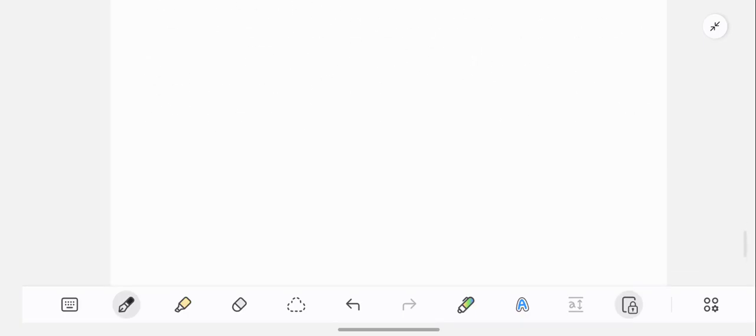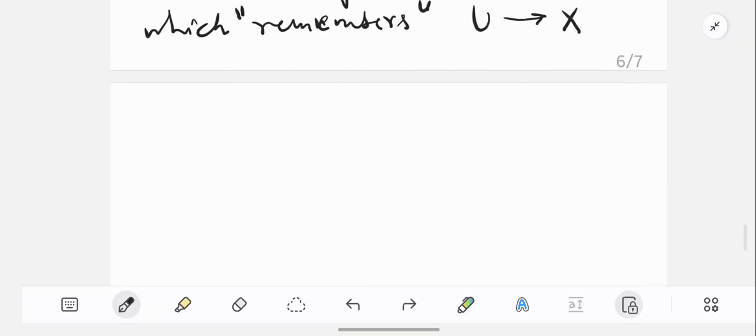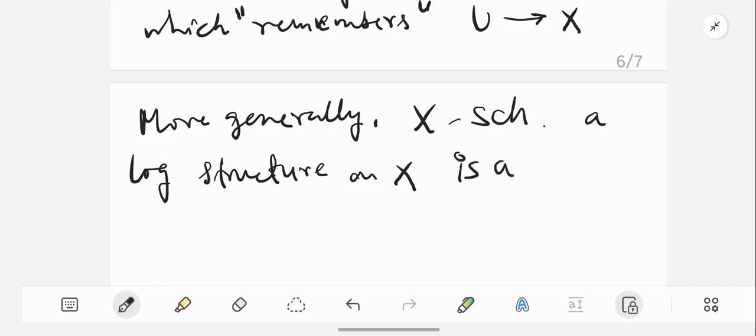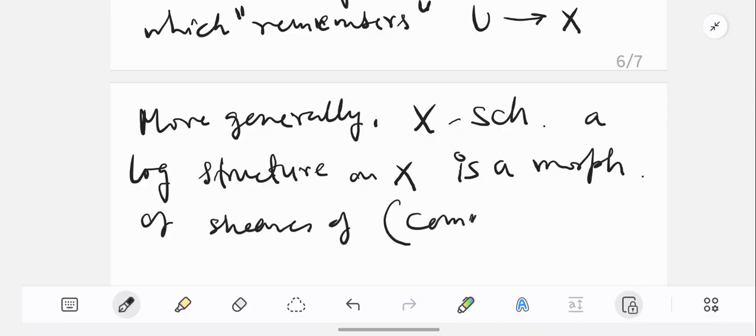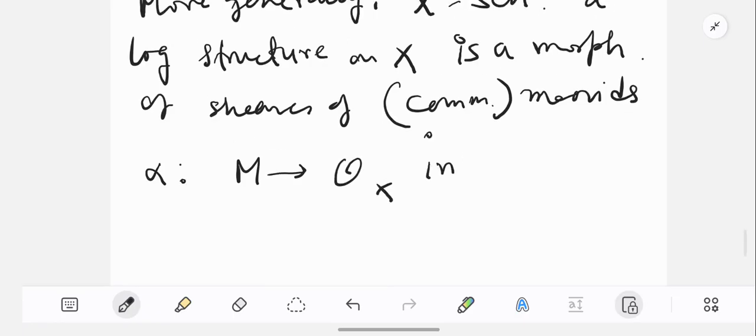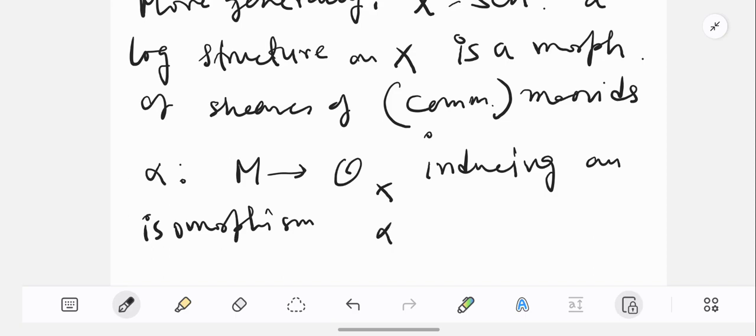So more generally, if X is any scheme, then a log structure on X is a morphism of sheaves of commutative monoids alpha from M to O_X, inducing an isomorphism from the preimage of the units to the units.